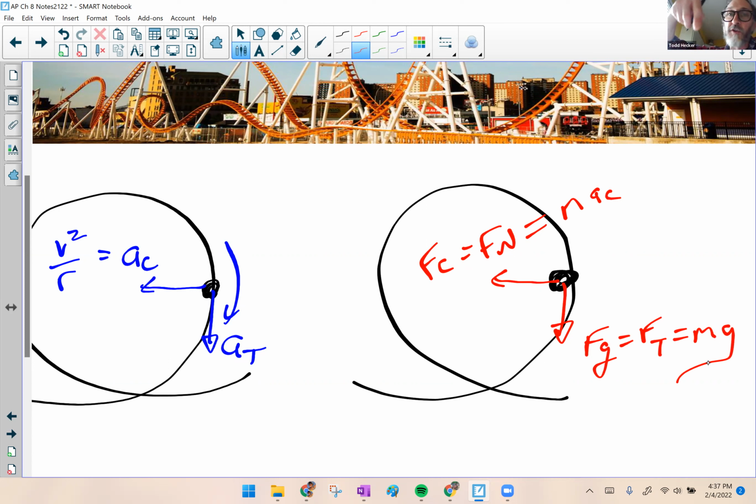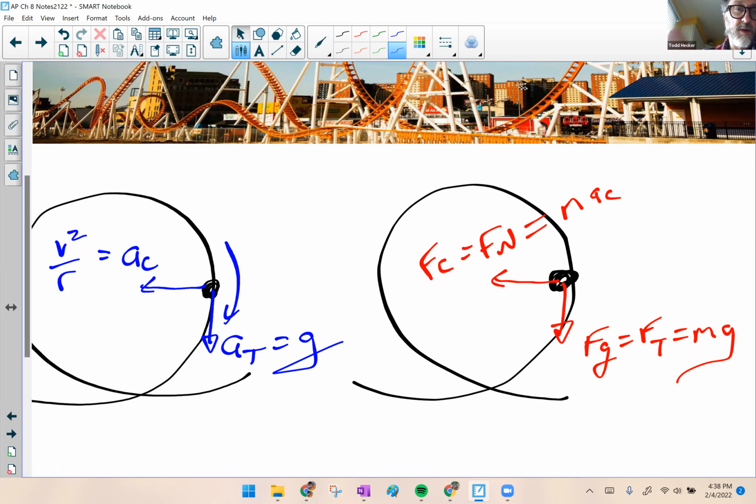So gravity is causing him to speed up. The normal force, the seat pushing his butt, is providing the centripetal force. So tangential acceleration is going to be g. Centripetal acceleration is going to be v squared over r. So we need to find the velocity at that point.